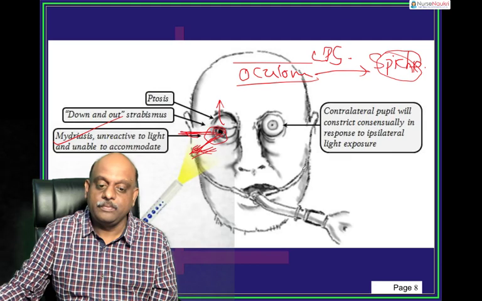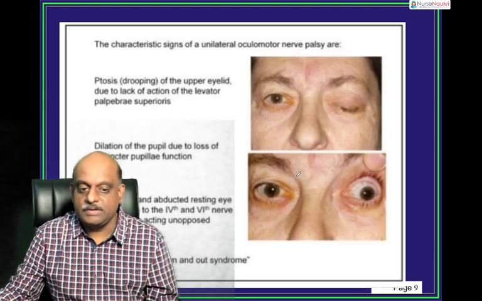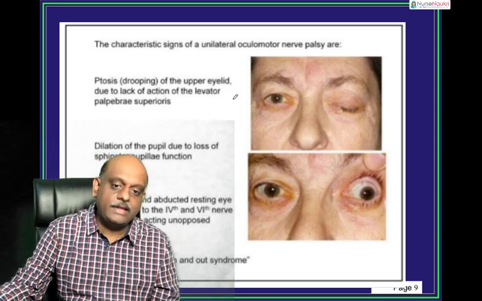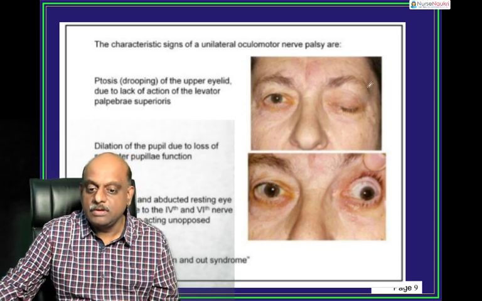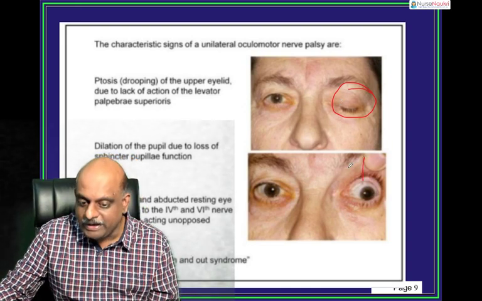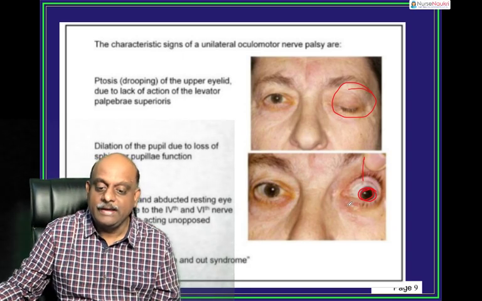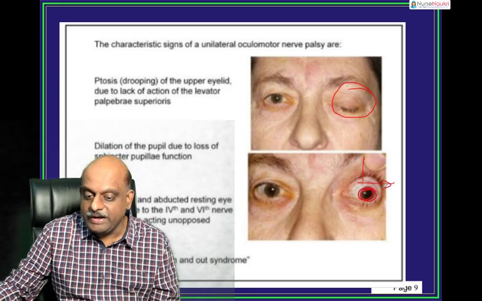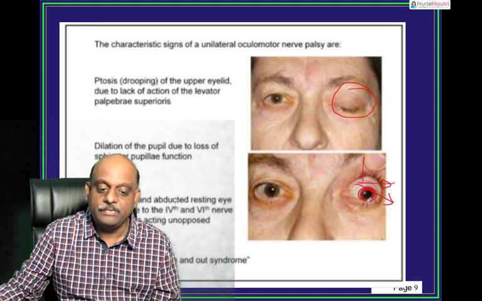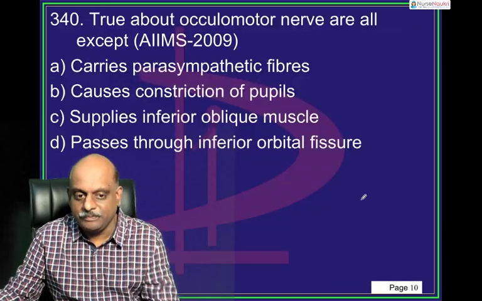Now, this is another thing, classical ptosis. And if you elevate that eyelid, you will find the pupillary dilation. And the eye is deviated out and down, down and out syndrome कहते हैं इसको.